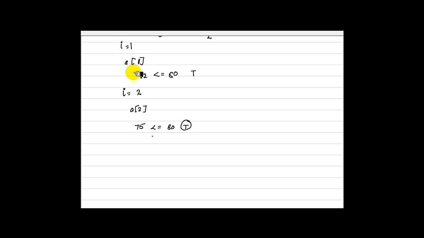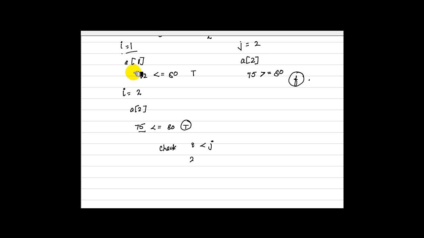Now there are only 2 elements, so it moves on to the j loop, wherein j has the value 2. Now it checks what a of 2 is. A of 2 is 75. It checks whether 75 is greater than or equal to the pivot element 80, which is false. So we have a check condition with i and j.